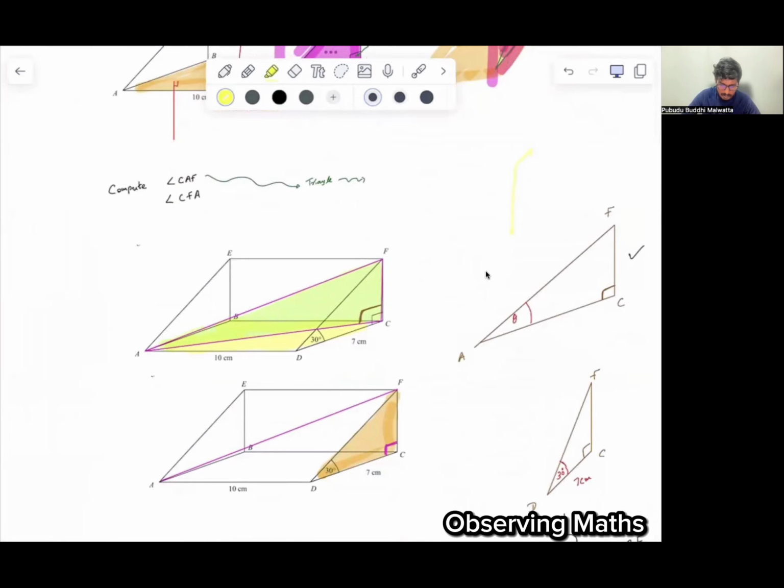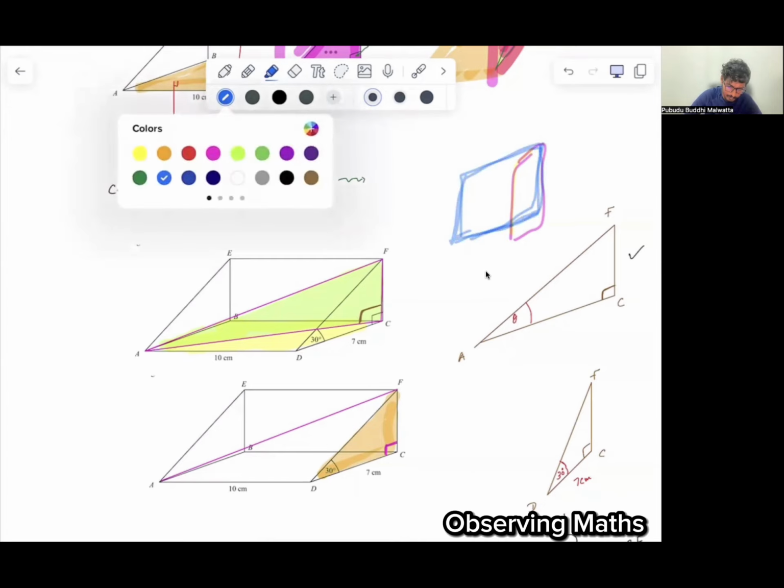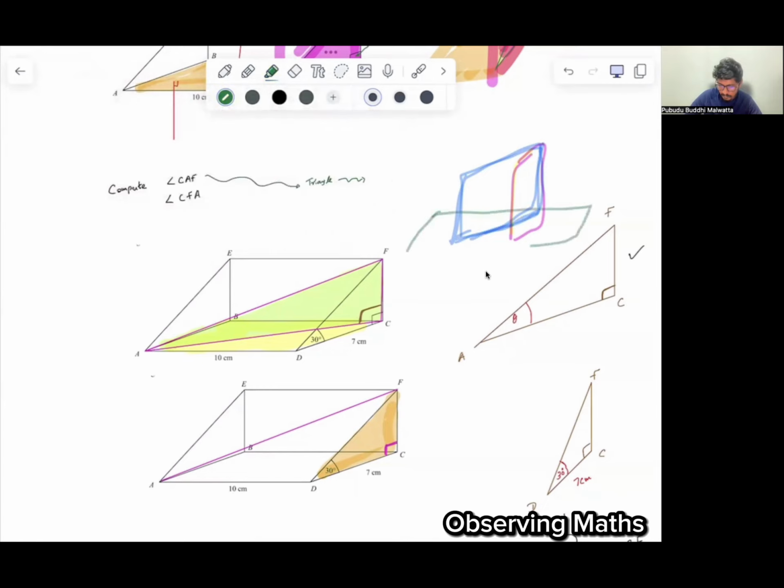Like this one, then a plane, okay, let me use a different color, this plane, then the bottom. Like 3 planes. That's what we did basically. 3 planes, so 3 triangles, those triangles on those planes. Then trigonometry. That's how you solve these problems.